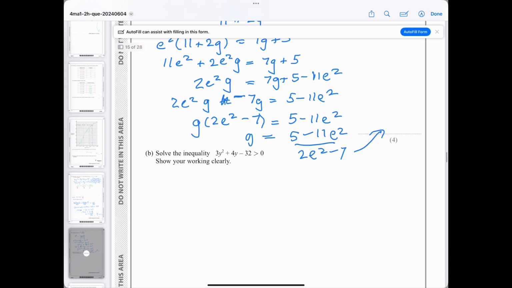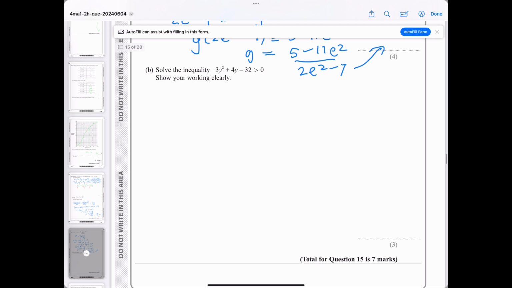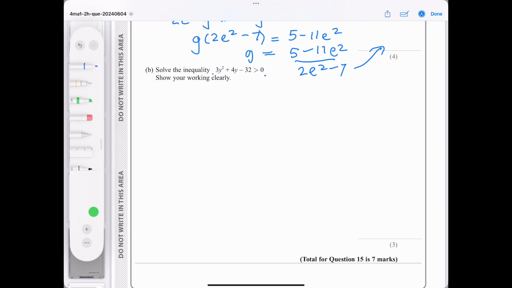Right, we know that this on the left is greater than 0. We also know it's a quadratic, so we're going to start off by solving the quadratic first. So 3y squared plus 4y minus 32 is greater than 0. Let's times the 3 by the 32 and we get minus 96.